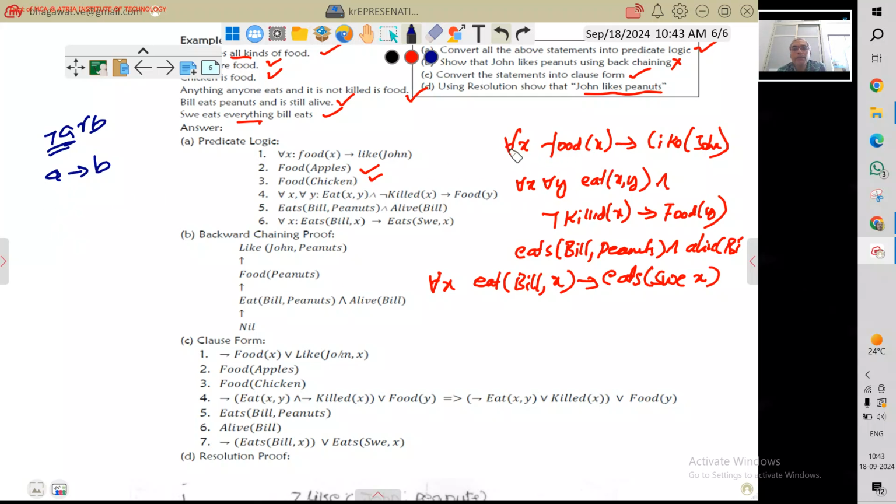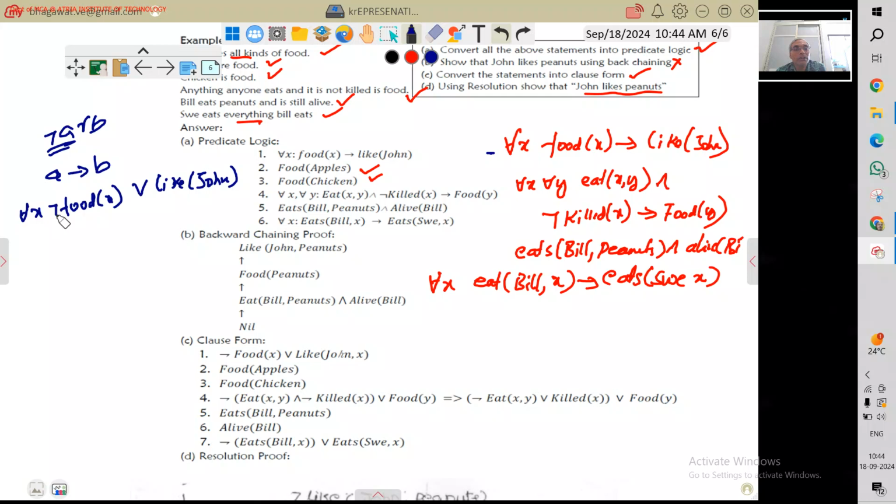So this becomes negation food. When you take the first one to convert it into clause form, we can say it as for all x, negation food of x or John likes x. That is the first step, remove the implication.